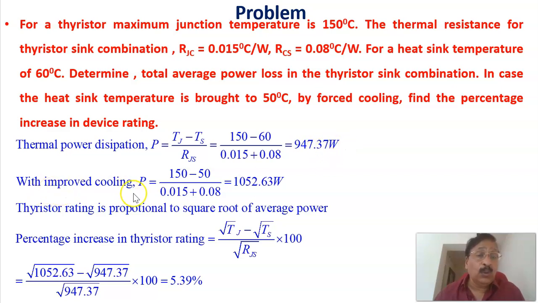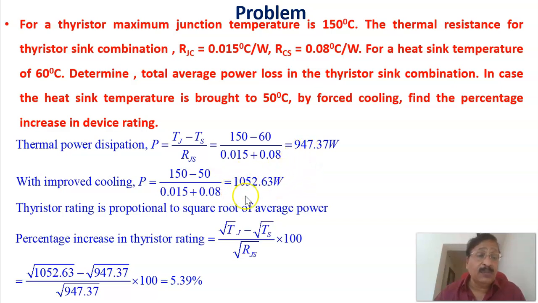With improved cooling, P is now 150 minus 50 divided by 0.15 plus 0.1. By improved cooling, the temperature has been brought to 50 degrees centigrade from 60. Therefore, the corresponding power is 150 minus 50 divided by Rjs, or 1052.63 watts.